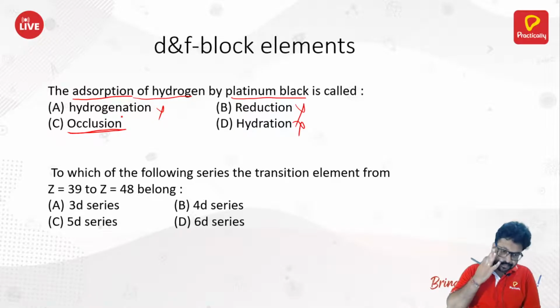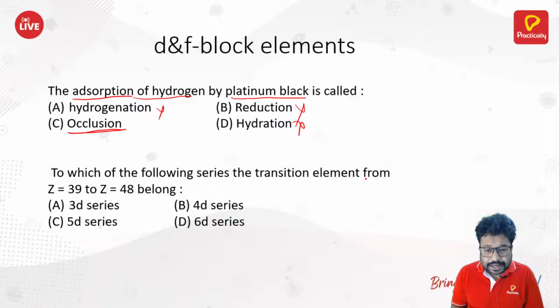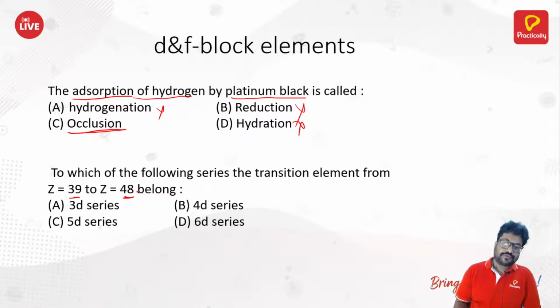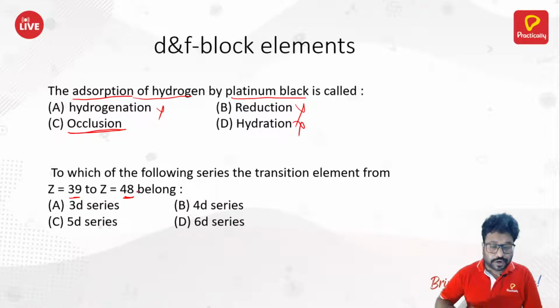Next. To which of the following series does the transition element from Z39 to Z48 belong? Now, let's understand what it could be. Could it be 3d series, 4d series, 5d series, 6d series? See, first we write scandium to zinc.